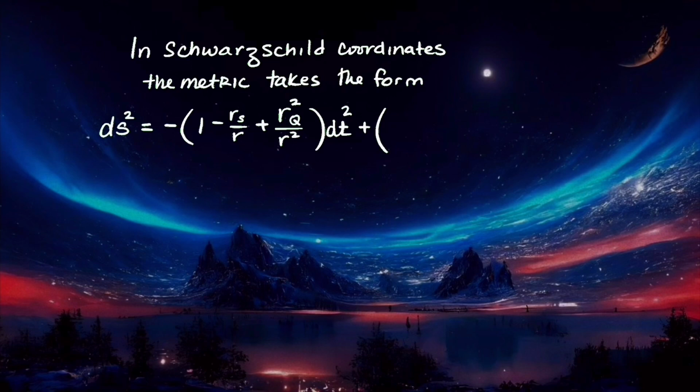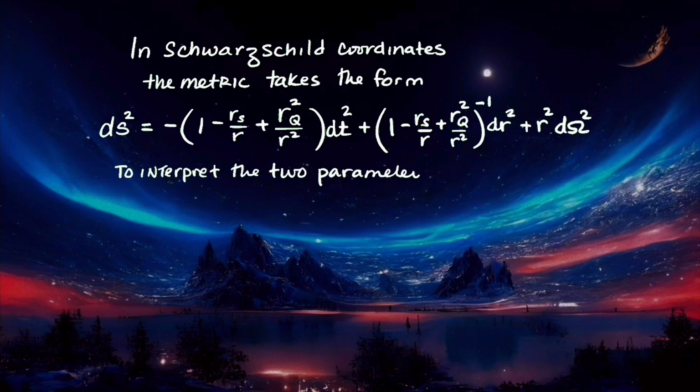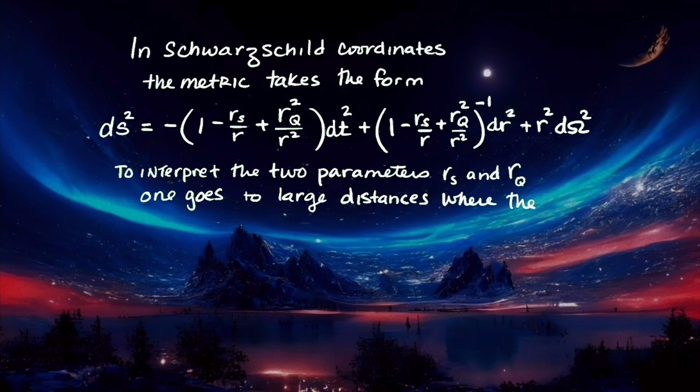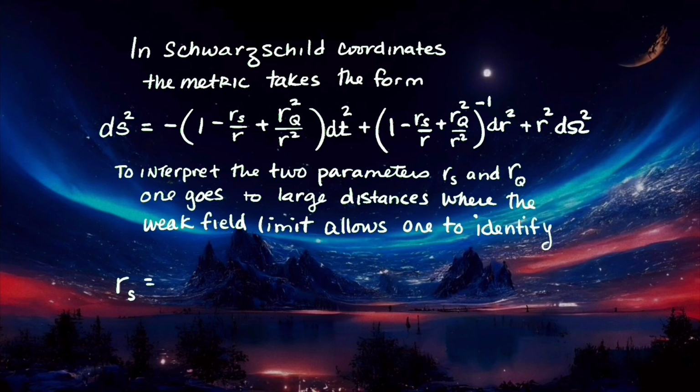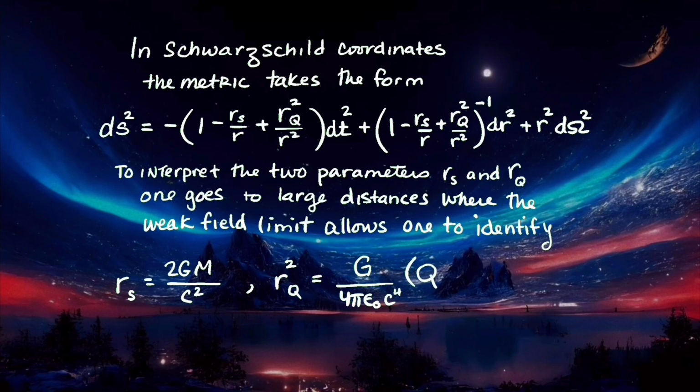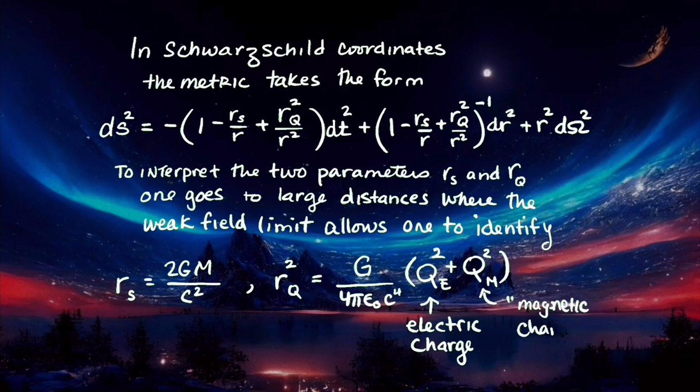Now remember that the time component is negative, plus our radial component, and then the axial and polar part of the metric. To interpret the two parameters r sub s and r sub Q, one goes to large distances where the weak field limit allows one to identify the Schwarzschild radius to be this, and the squared charge radius to be given by this, where we have a combination of the electric charge and our so-called magnetic charge, subscript E and M indicating those.